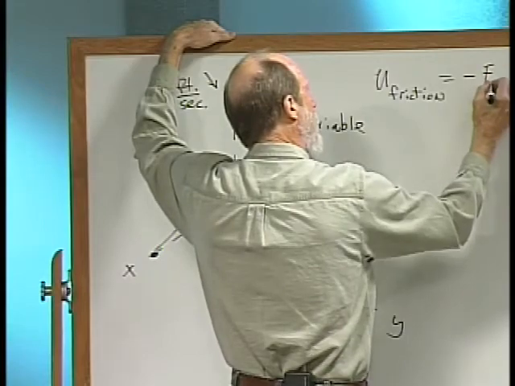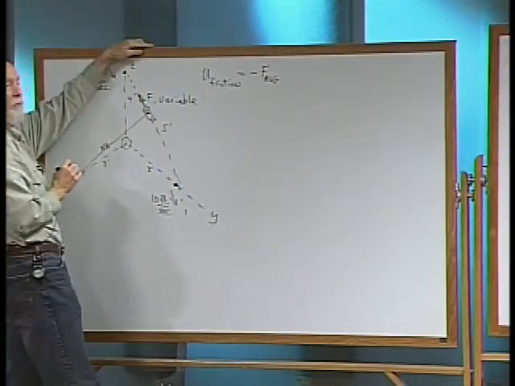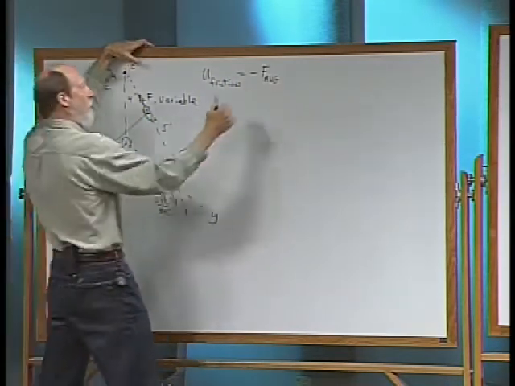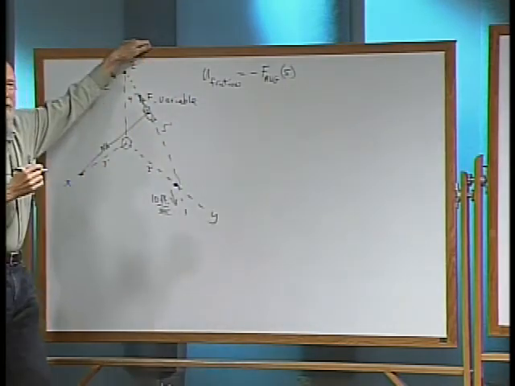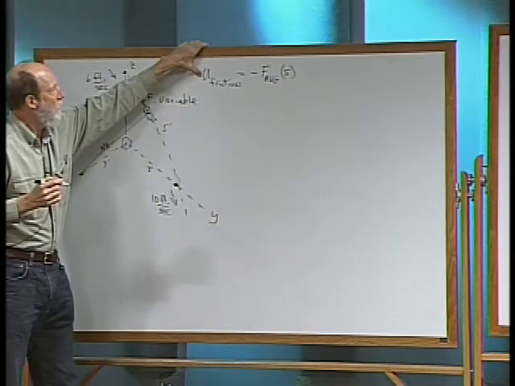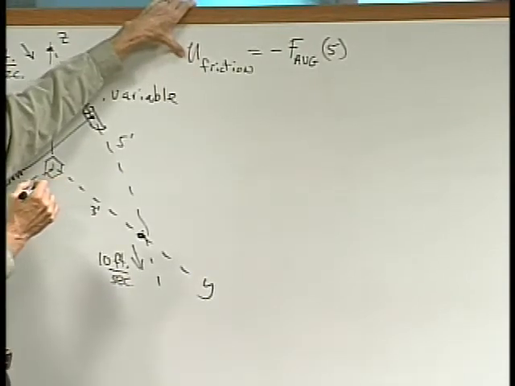And what they were asking us for, one part of the question was what that average friction force was acting over the distance of travel. So this value that we get here for this work is going to be the energy loss due to friction.